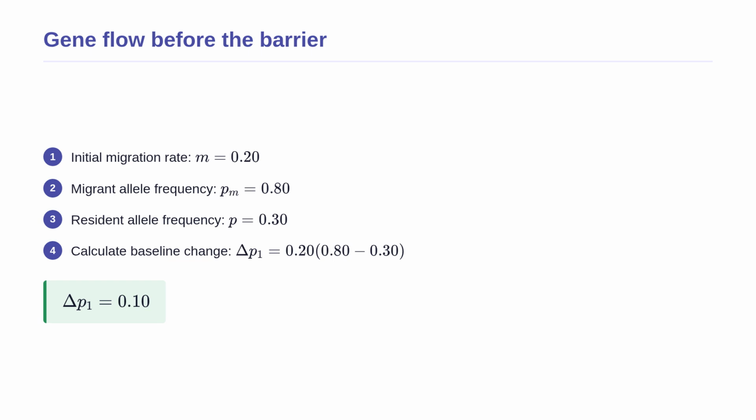We substitute our given values into the gene flow equation. We subtract 0.30 from 0.80, giving us 0.50. Multiplying this by the migration rate of 0.20 gives us a final change in allele frequency of 0.10. This means the resident population's genetics were changing by a massive 10% every single generation.